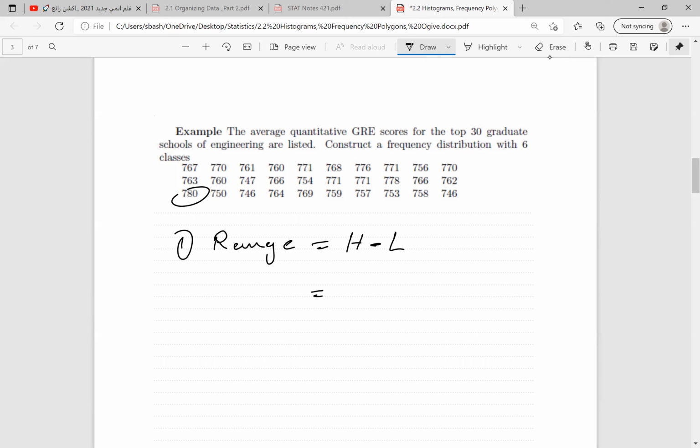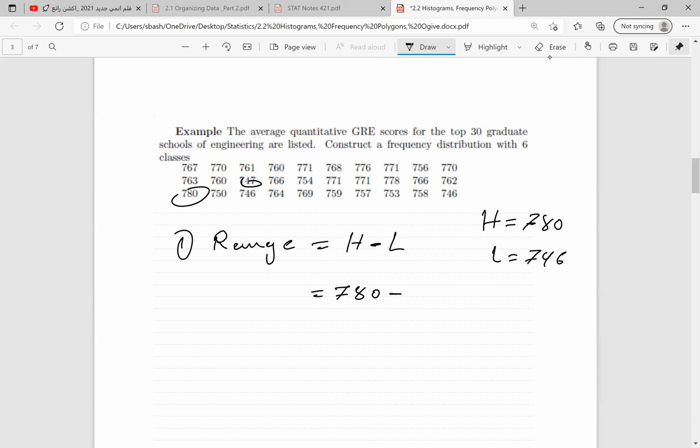So the highest is 780. The lowest, let's see, what is the lowest value here? We have 746. Yes, it is 746.